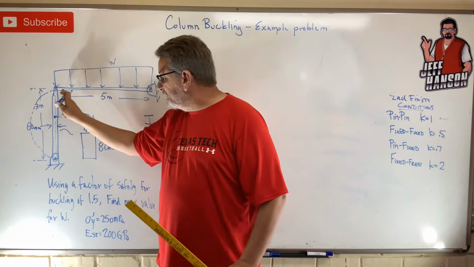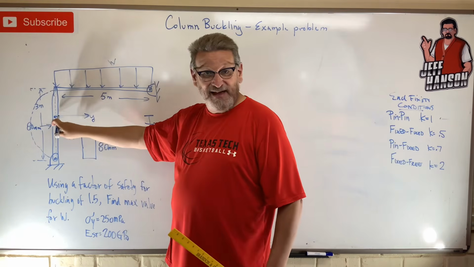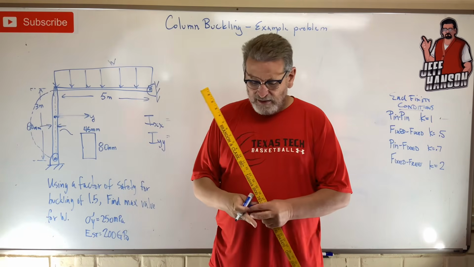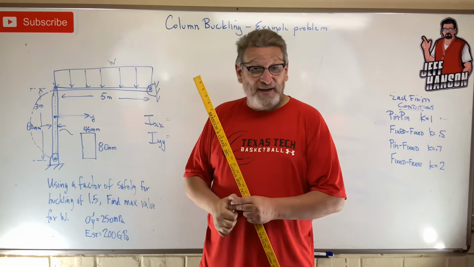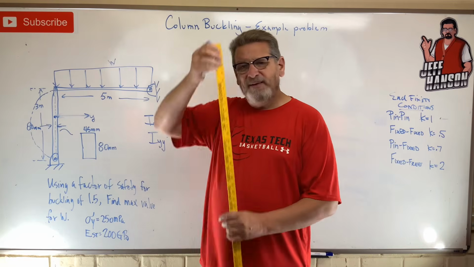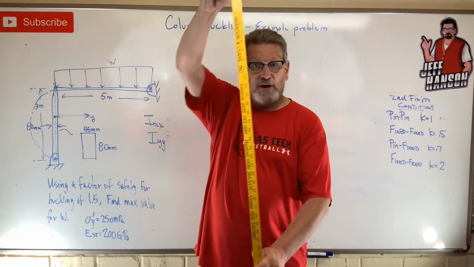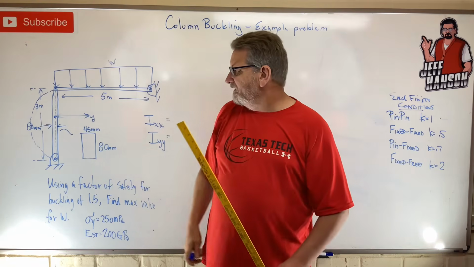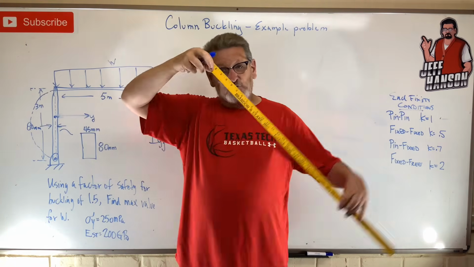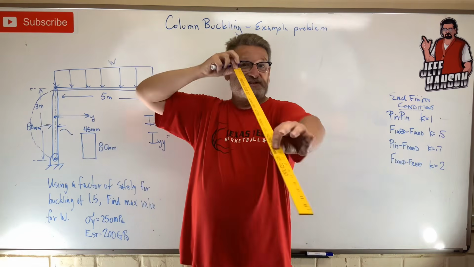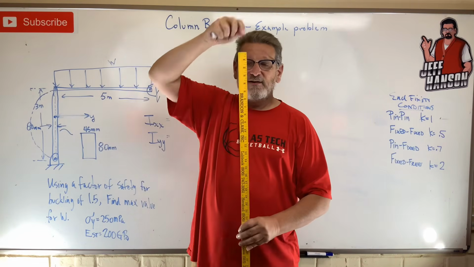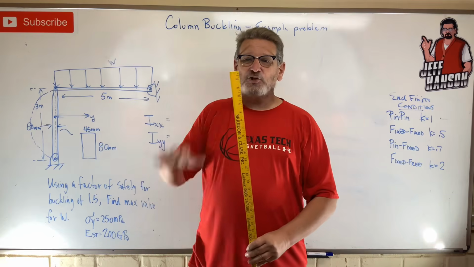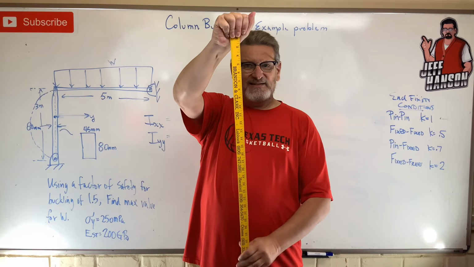So in this direction here, which is bending around the x-axis, remember? It's going to be pin. But what about bending into the board or out at you, okay? What about bending in that direction? Well, that pin swivels this way, but it doesn't swivel this way. In that direction, actually, it's fixed, isn't it?